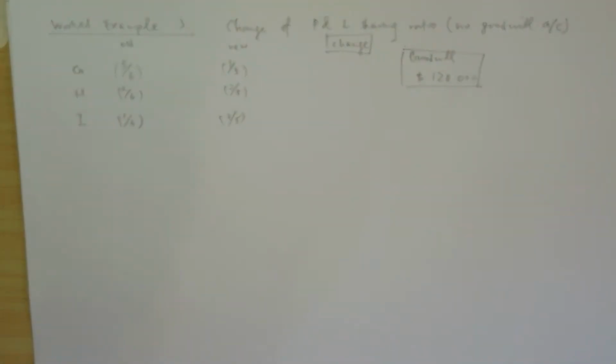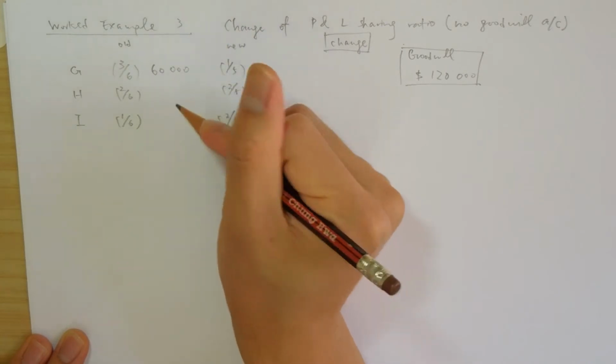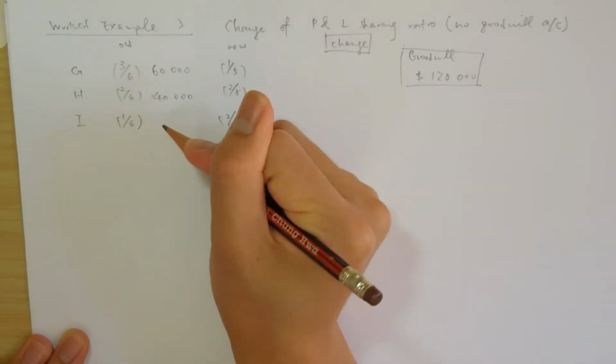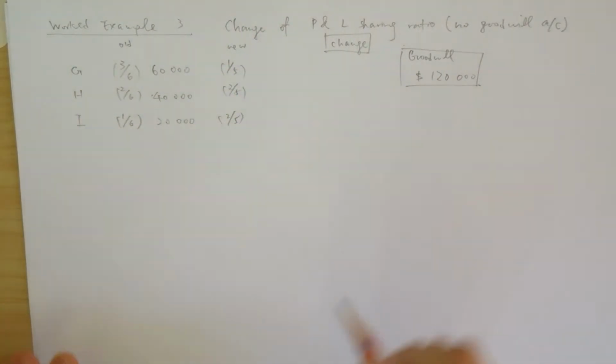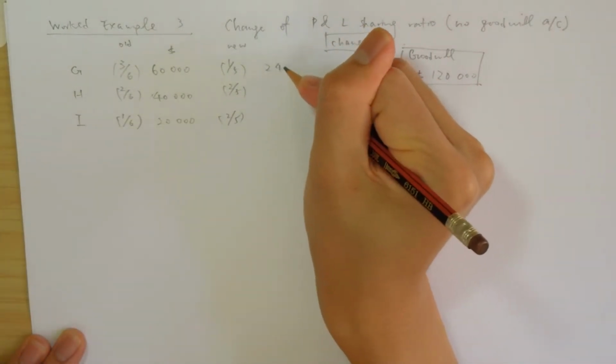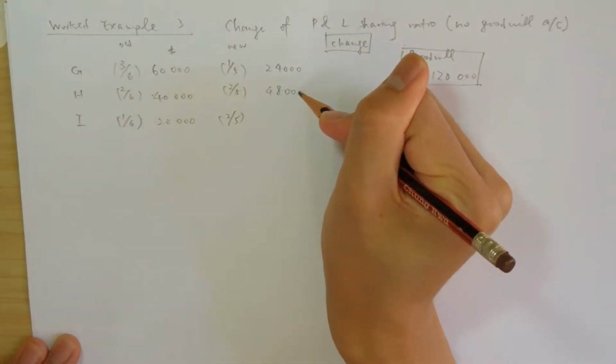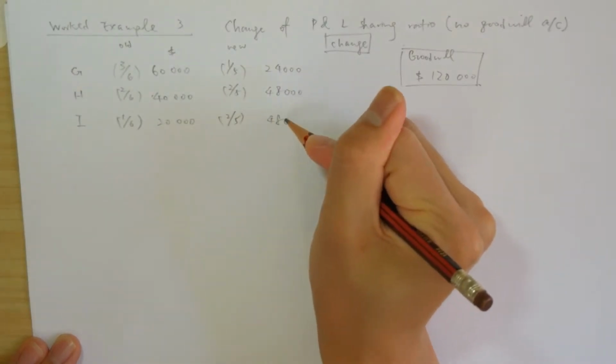Goodwill 120,000 divided by 6, and you find 20,000, and then times 3 you find 60,000. Next one times 2, 40,000, and then 20,000. And for the new one, divided by 5, each proportion you get 24,000, then 2 proportions 48,000, and at last also 48,000.